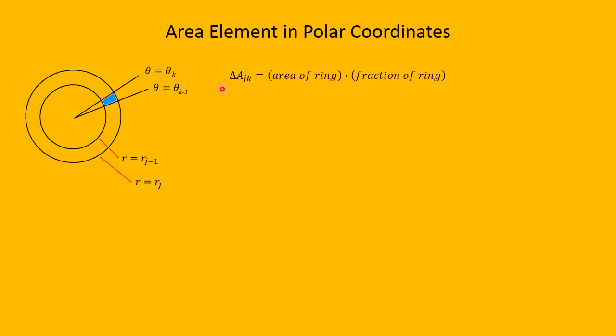Well, we can start by saying the area of that subregion, which I'll call A sub jk, is equal to the area of the ring all the way around times the fraction of the ring that you have by going from theta sub k minus 1 to theta sub k.